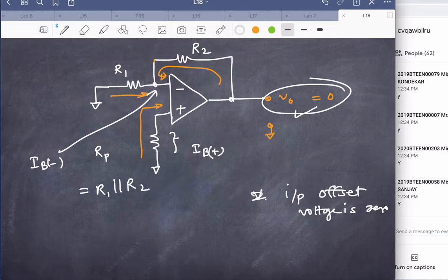Because at a time right now we are considering only one imperfection. Everybody understood this? Why Rp is equal to R1 in parallel with R2, even if they do not seem to be in parallel?